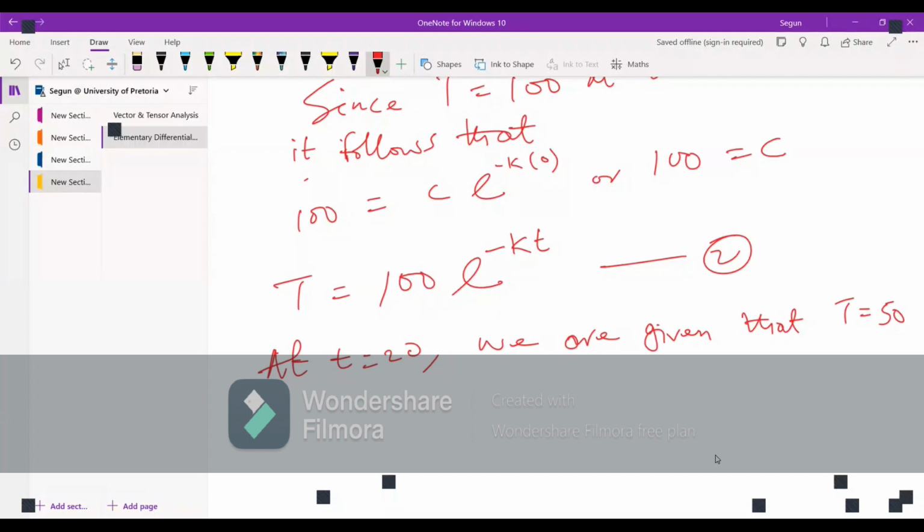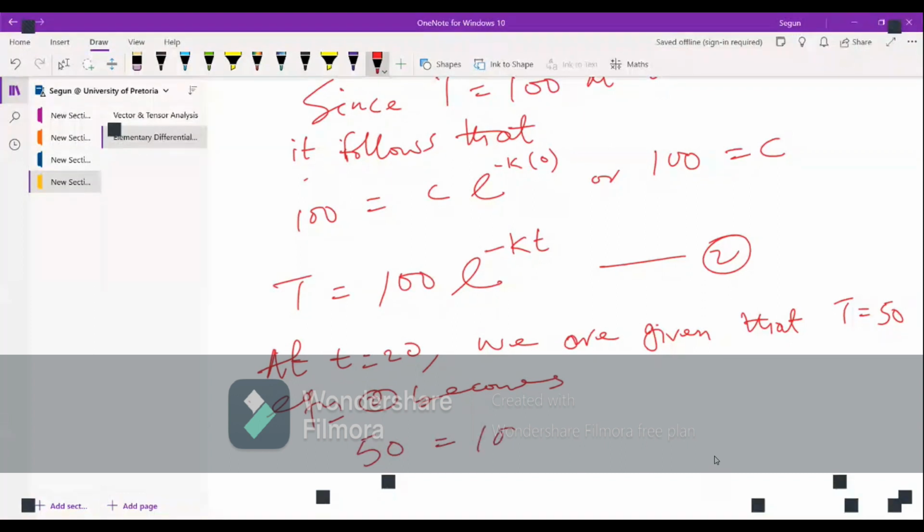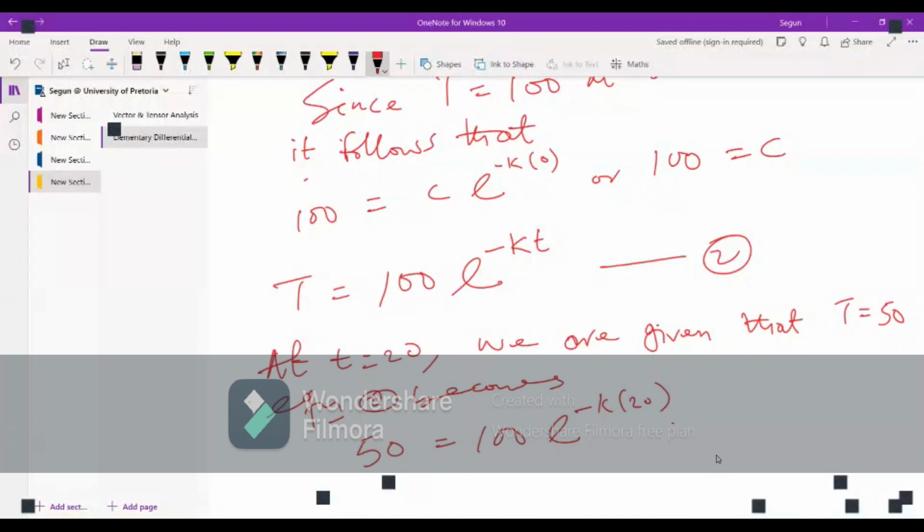So using equation 2, 50 equals to 100 exponential minus k of 20. That means we can now solve for k. So 50 equals to 100 exponential minus 20k.